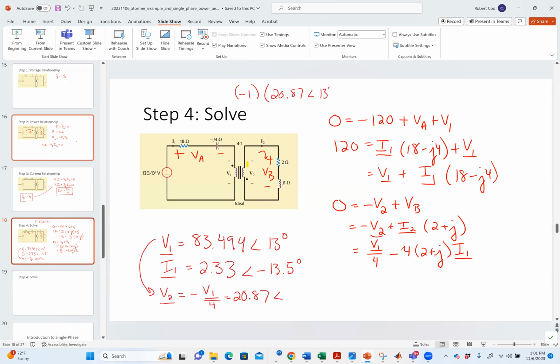When I'm multiplying complex numbers, I add their angles, right? So what's the angle of negative 1? It's 180. So I add their angles, and it's supposed to be 193 degrees. Similarly, if I did this for I2, I'm going to get a similar effect. I2 is going to be a bigger current. This is 2.33, and this works out to be 9.33.